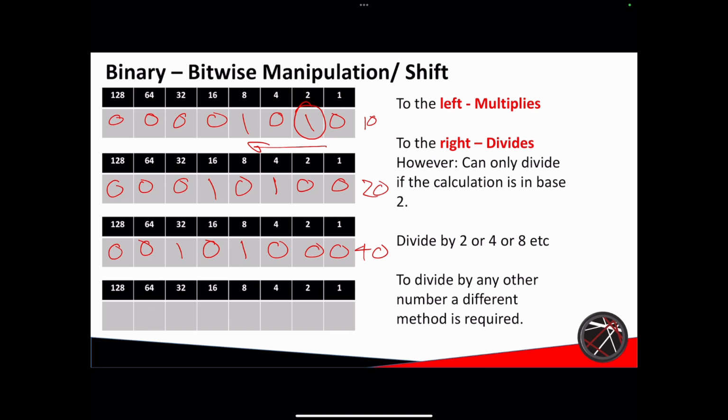So if I go in this direction, I take it back to this previous number, going from 40 down to 20, I've divided by 2. So in other words, timesing by 2 by going that way, dividing by 2 going the other way.